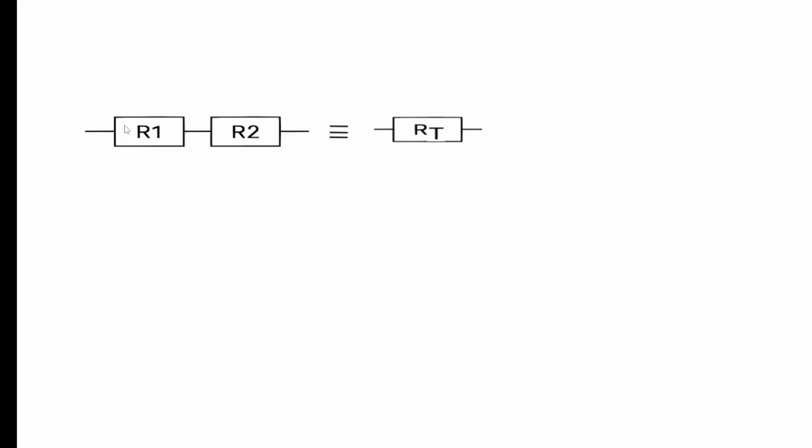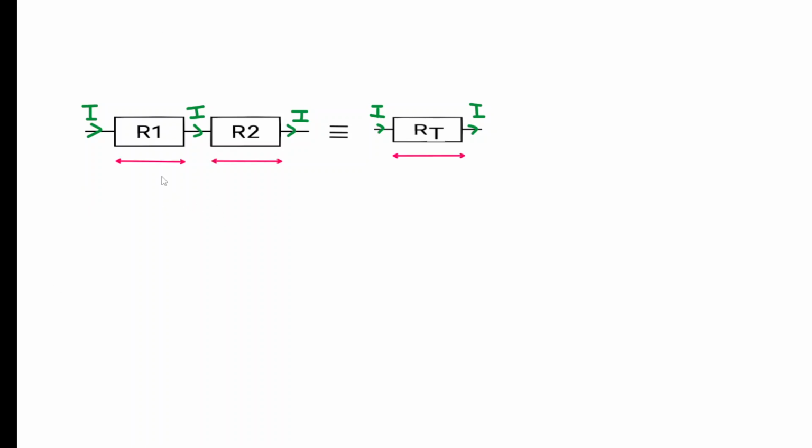Now let's say we have resistors R1 and R2, and the total resistance of the combination is R total. In a series circuit, if the current through this is capital I, it's the same current that goes through all of them. However, in a series circuit, the voltage splits up.